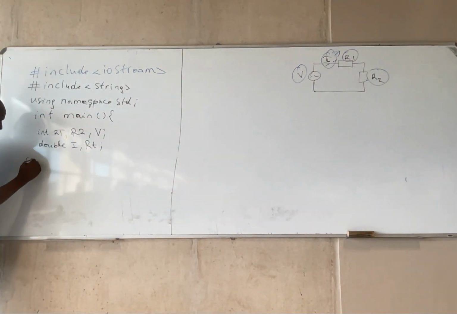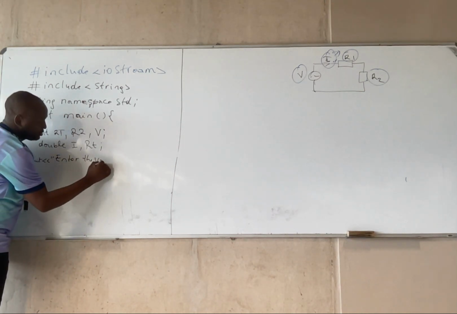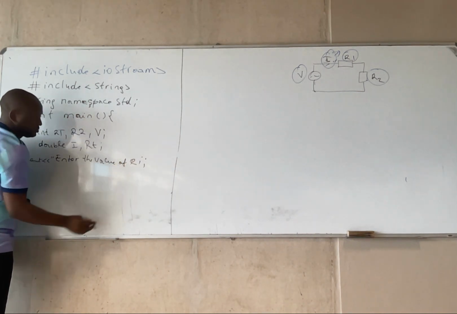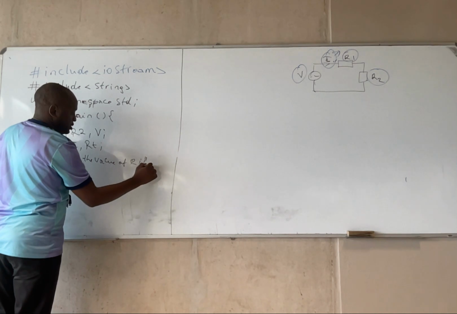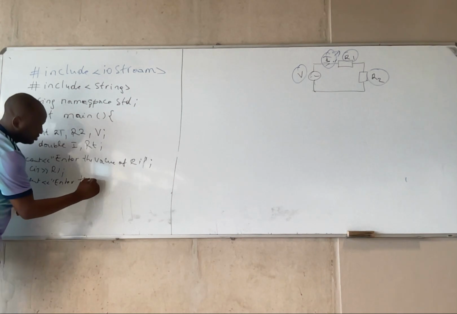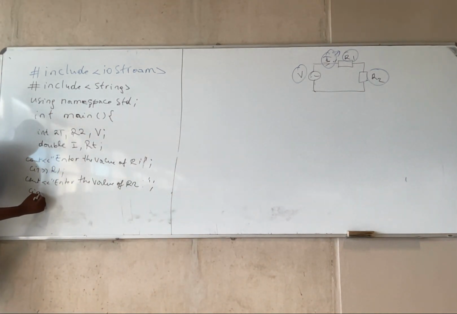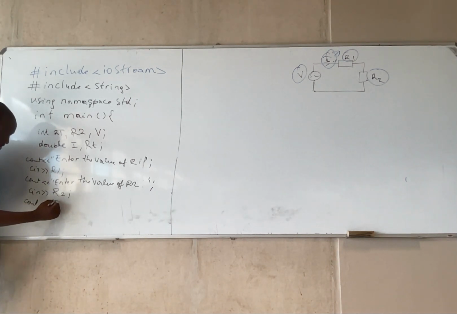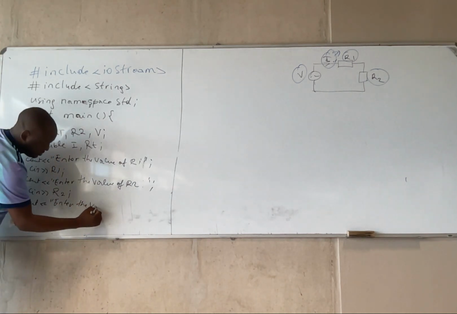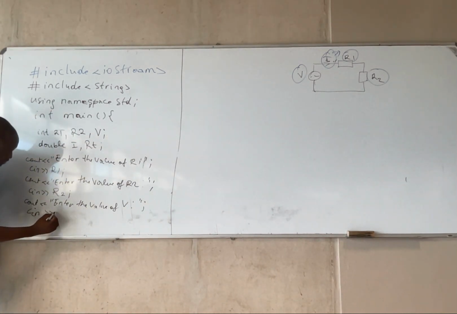So you ask the user, cout, enter the value of R1, and then cin equal to R1, and then cout again, enter the value of R2, and then cin equals to R2, and then cout again, enter the value of V, and then cin it goes into V.